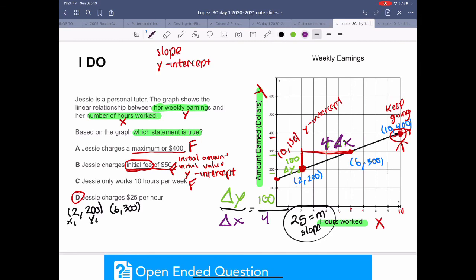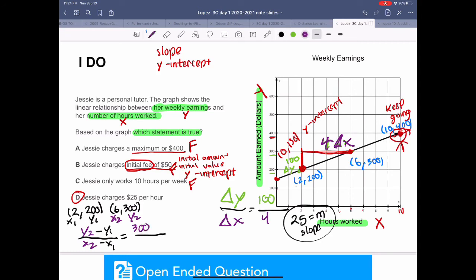Use a different color. X sub 2, y sub 2. Now remember the formula is y sub 2 minus y sub 1 divided by x sub 2 minus x sub 1. Now I'm going to go ahead and substitute everything.